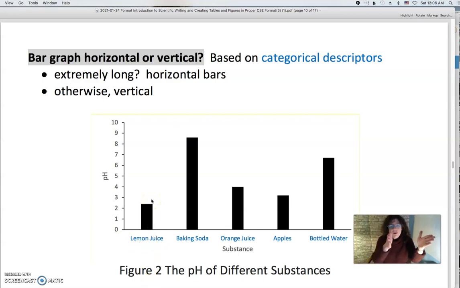So when you have an extremely long description, you can move the bar over to the right, and you can take more space on a horizontal bar to give yourself more space to write out the description. Otherwise, generally you're going to see vertical bars on bar graphs.